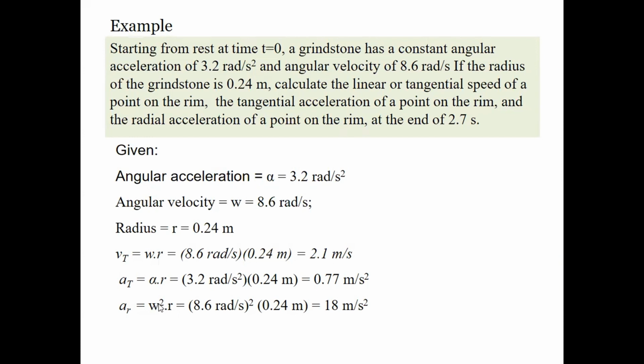Since we know omega as 8.6 radians per second, we square it and multiply it with 0.24 meters, and the answer is 18 meters per second squared. So the centripetal acceleration is the largest acceleration value, and the tangential component is small.